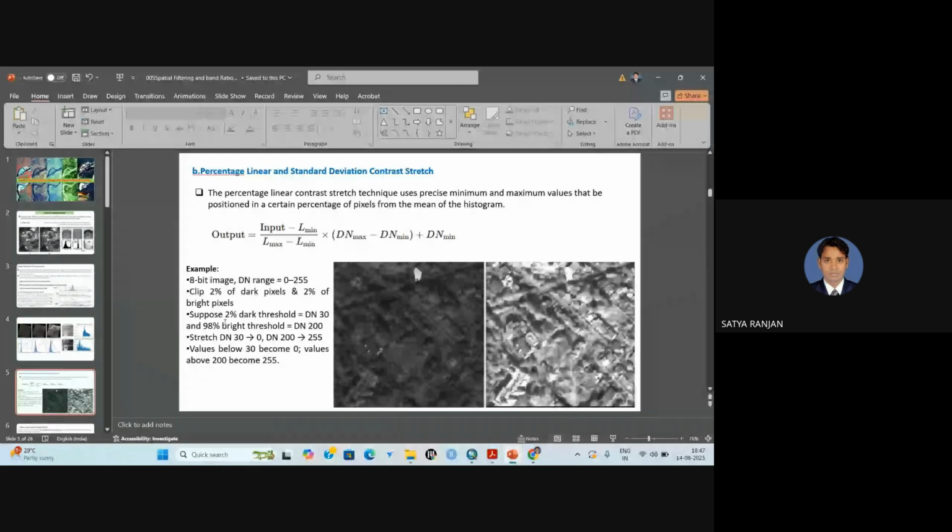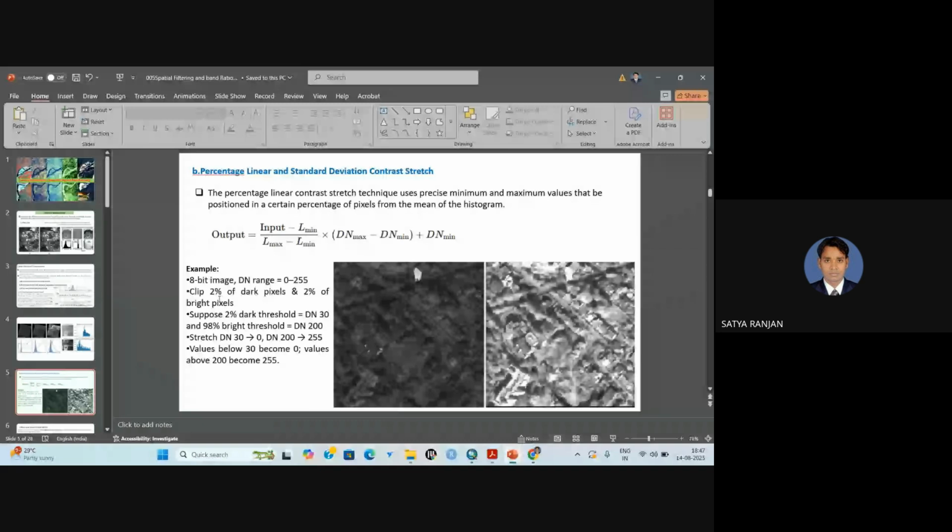So previously we saw that this is 158, that is the digital number. It is based on the percentage of change in the pixel number.